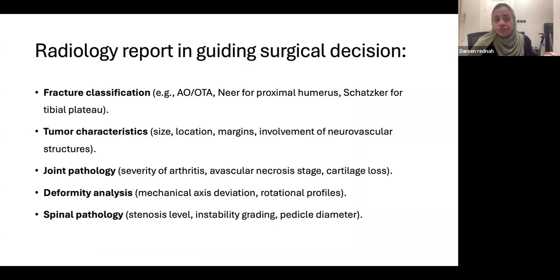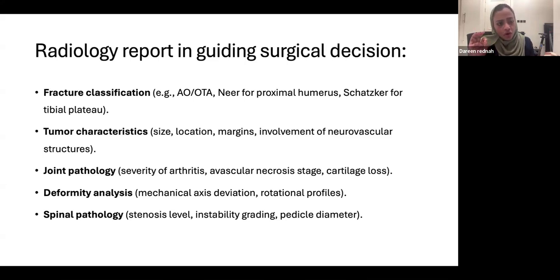Okay, the next step is radiology reporting in guiding surgical decisions. What should the report contain? As orthopedic surgeons, we love to see the fracture classification in the report if possible.